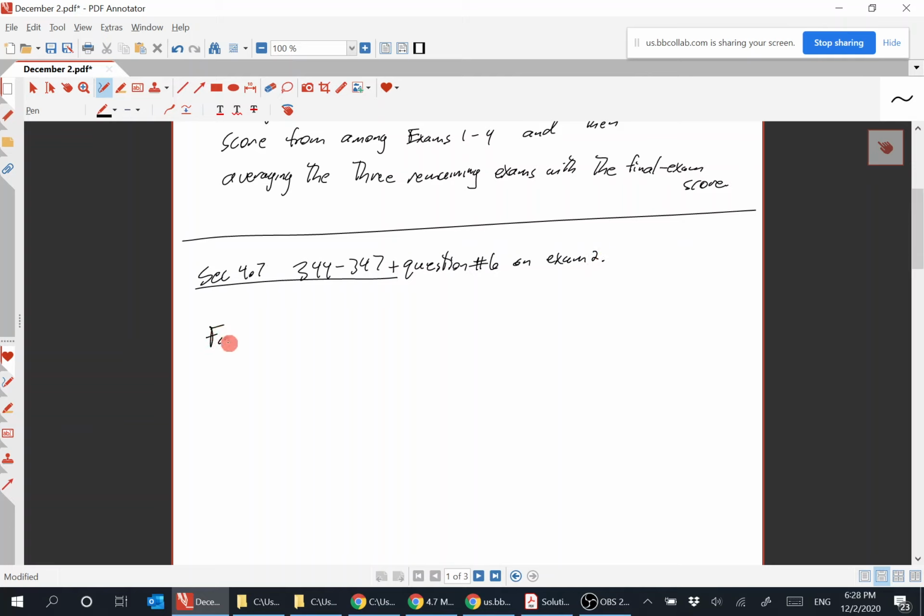So finding the absolute max and min for a continuous function on a bounded interval. Not continuous, we'll say differentiable function.